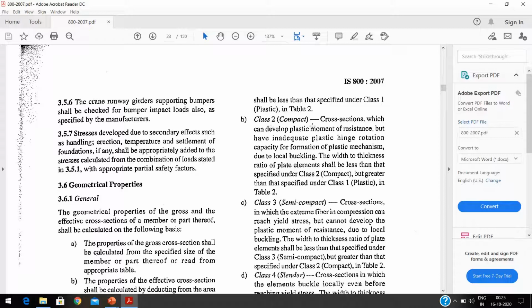In class 2, the cross sections can develop plastic moment of resistance but have inadequate plastic hinge rotation capacity for the formation of the plastic mechanism due to local buckling. The width to thickness ratio again has been mentioned in this table number 2.